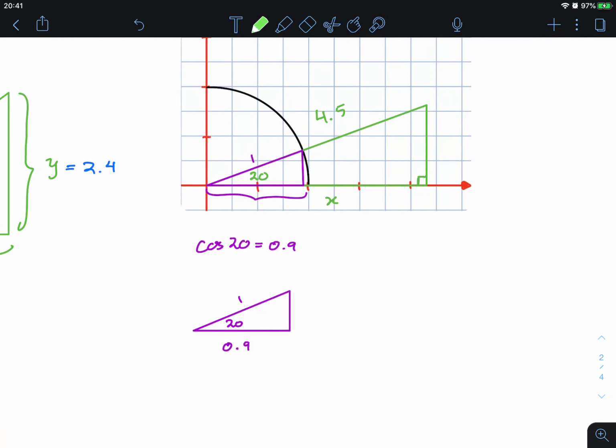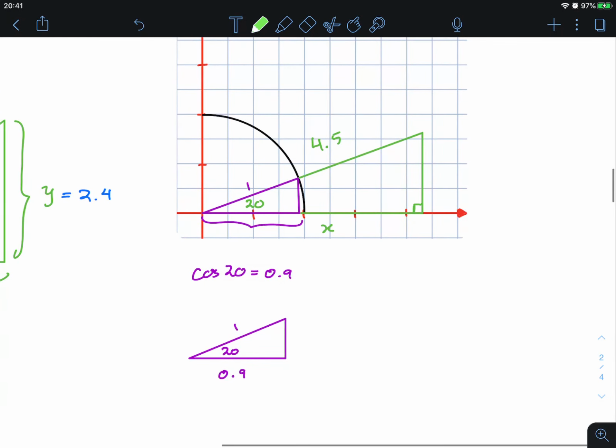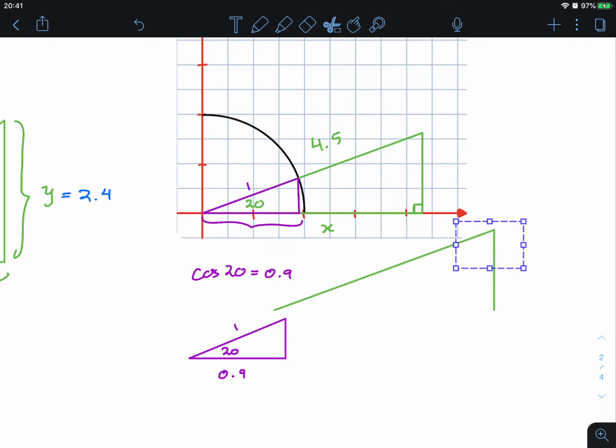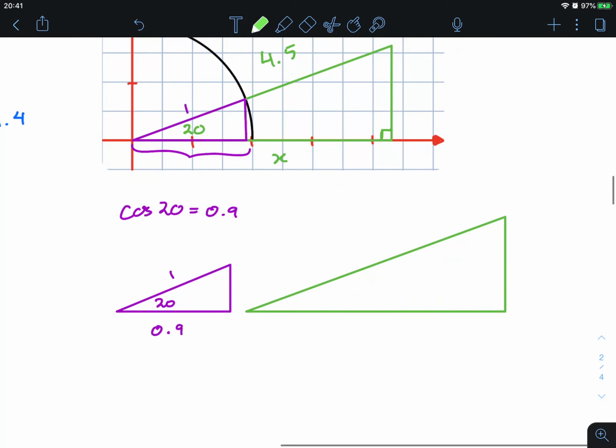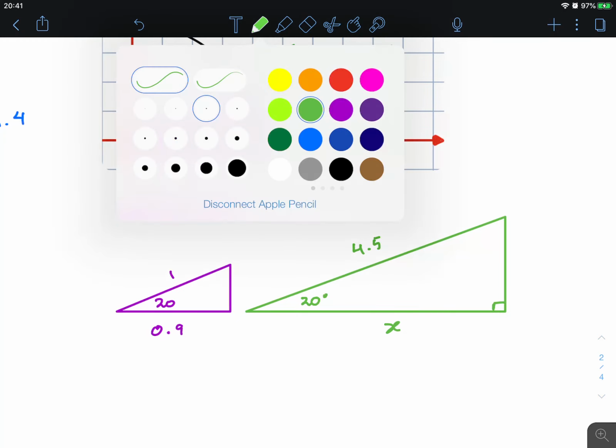Now that larger green triangle, let's just copy that out. It is the exact same figure enlarged. That has 4.5. We are looking for this value of b, or in this case x, that is also 20 degrees.